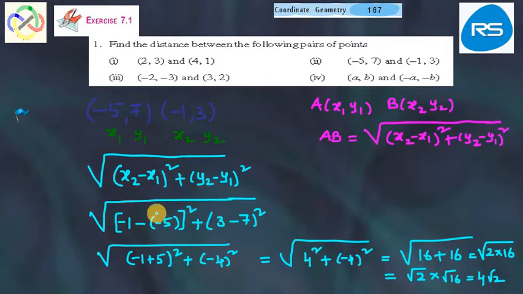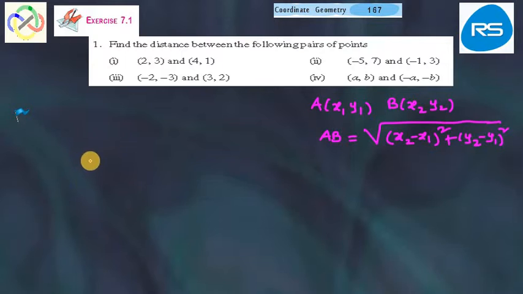As simple as that, but take care here: minus of minus, how to write the whole square and what the values are. So be careful while doing it. Move on to the third sum. The third sum is minus 2 comma minus 3 and 3, 2.